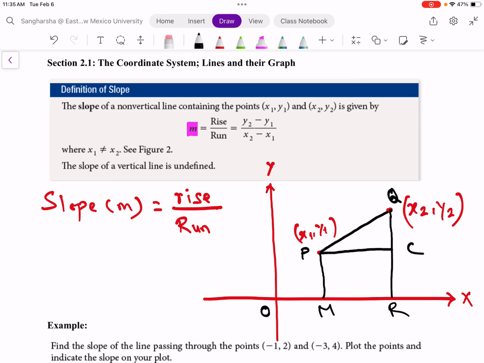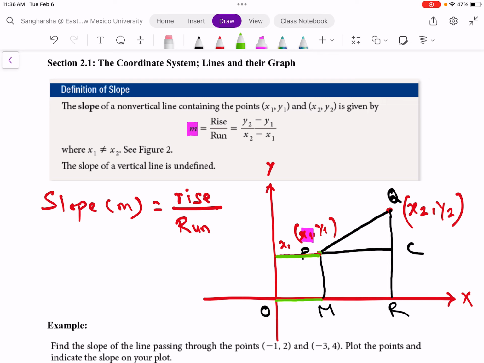So our point P is at a distance x1 from the y-axis. This distance from the y-axis to point P is our x1. So if this distance is x1, then what is this other distance equal to?